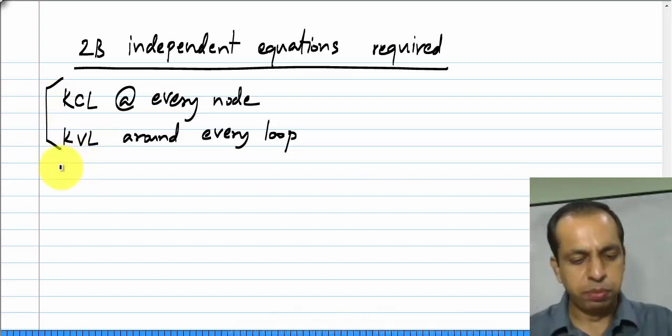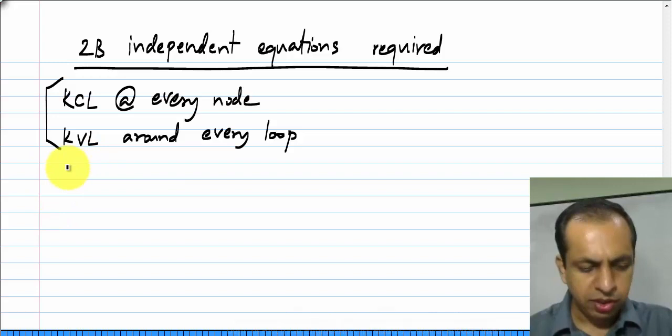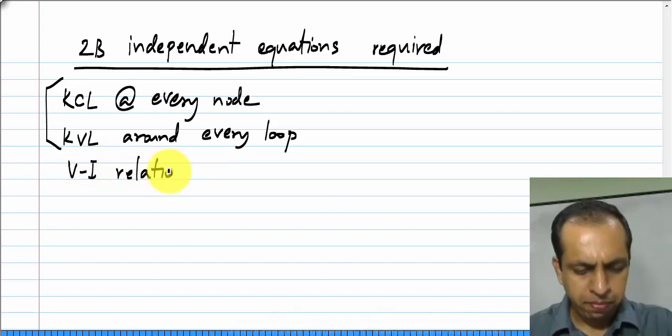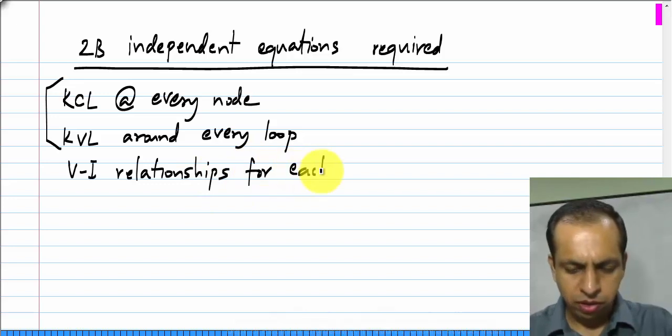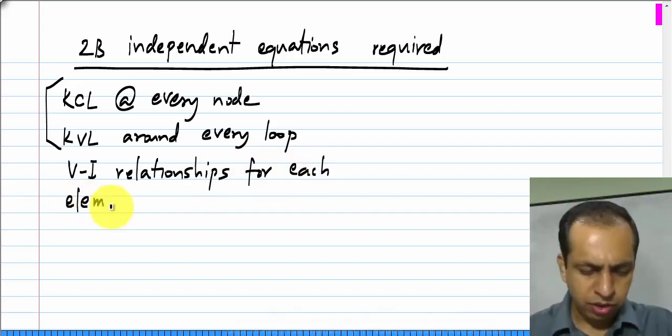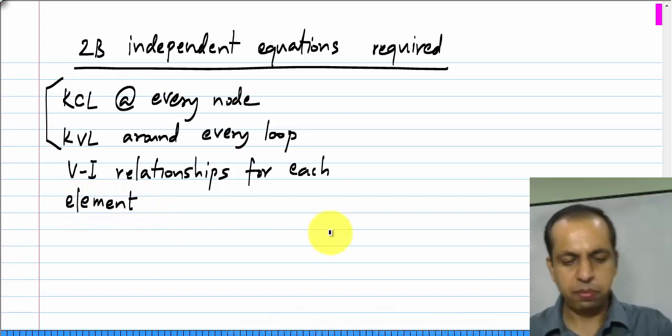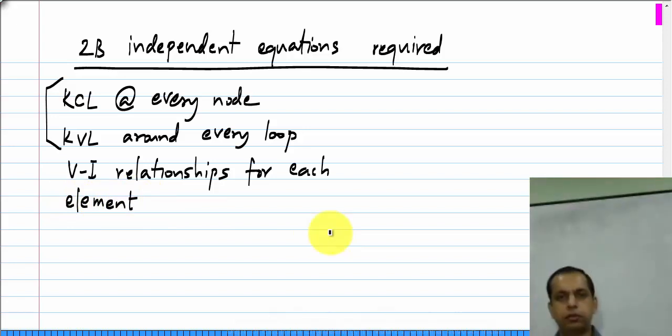Finally, we have the specific properties of elements in our circuit, and we have VI relationships for each element. So, these are what we have to use to solve our circuit.